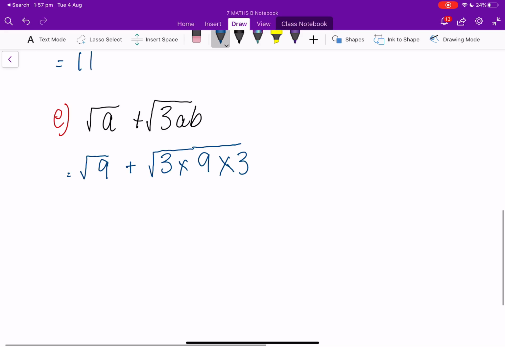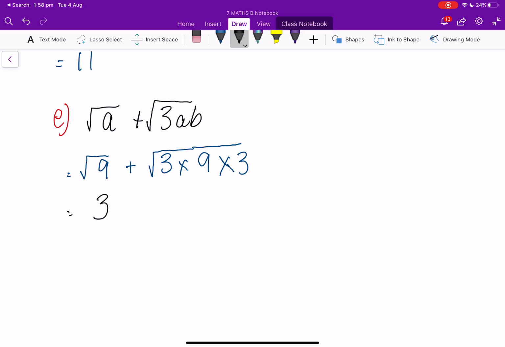Okay. Now with square root, it is the opposite of squaring. So if I said to you 3 squared, the answer is 9, and the square root of 9 is just 3, okay?